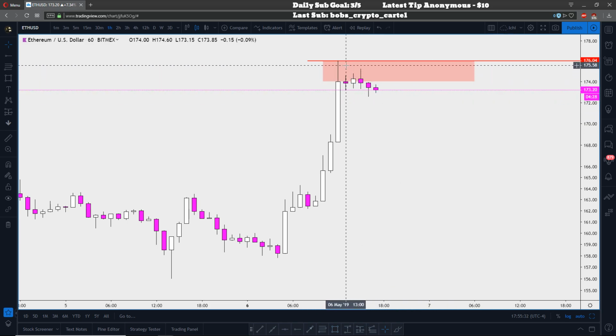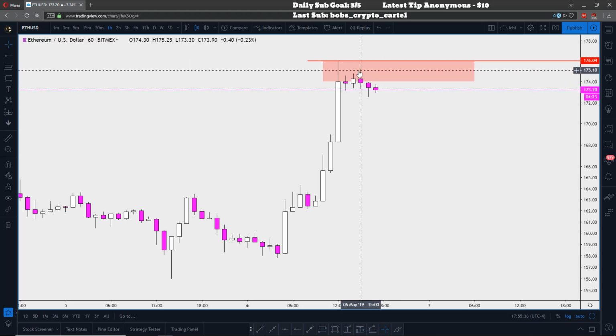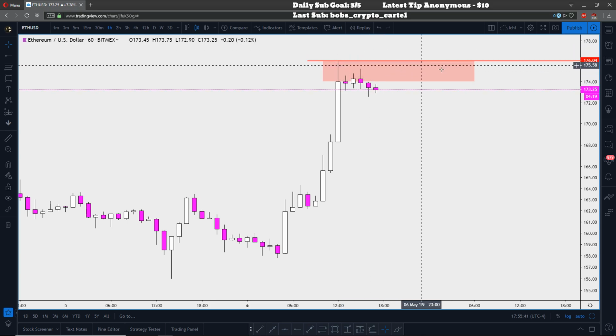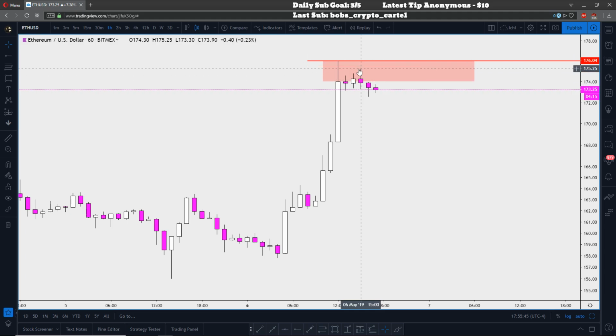The sellers are pushing the buyers down. Price is resisting this section here. It will not go higher. There is too much supply here, not enough demand.